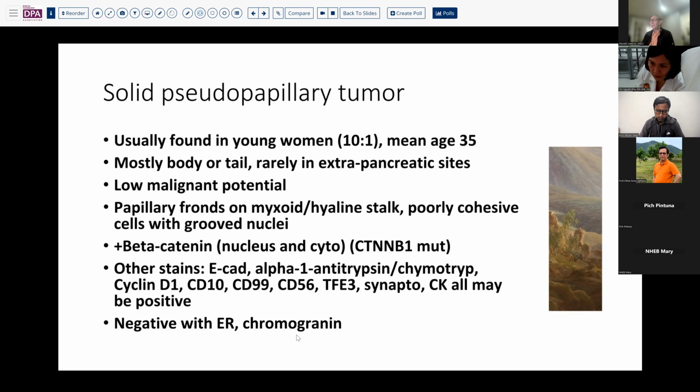It does tend to be negative with chromogranin, but in terms of ruling out neuroendocrine tumors, that's not a very specific negativity. However, if you see a negative chromogranin and a positive beta-catenin, that certainly would be good evidence for solid pseudopapillary tumor.